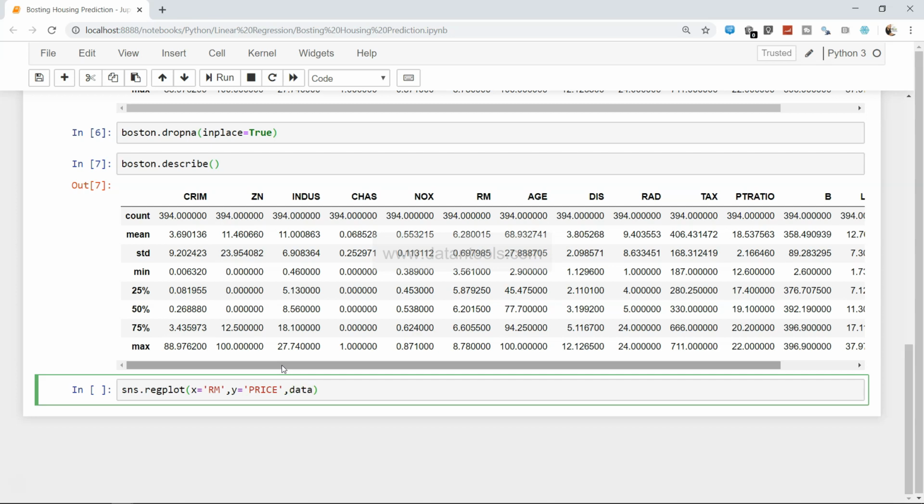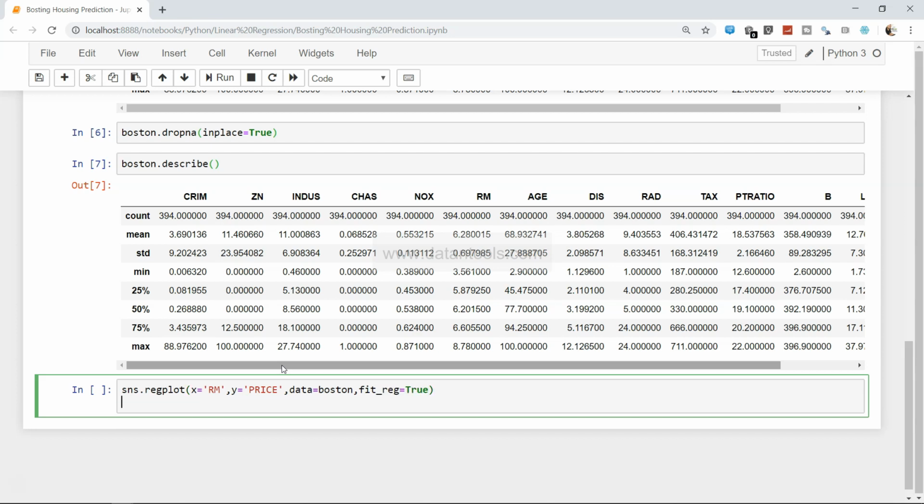So data equals boston, fit_reg equals, okay, yeah, go ahead and make it True, and we will give it a title. plt.title, relationship between rooms and price, simple, right?